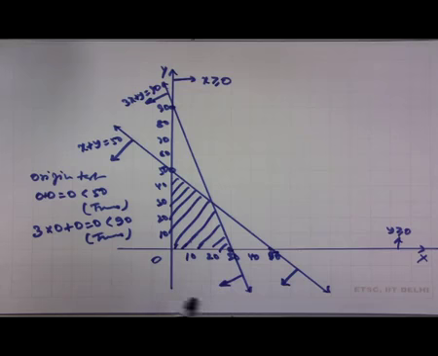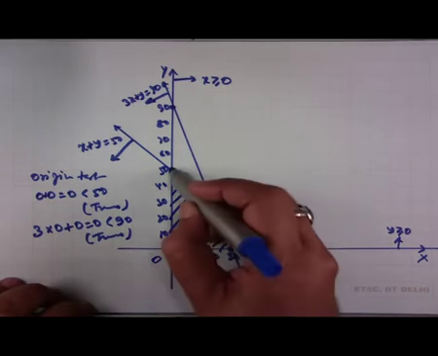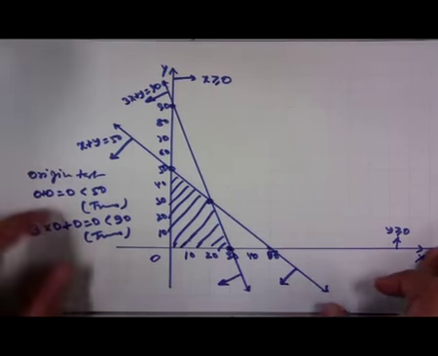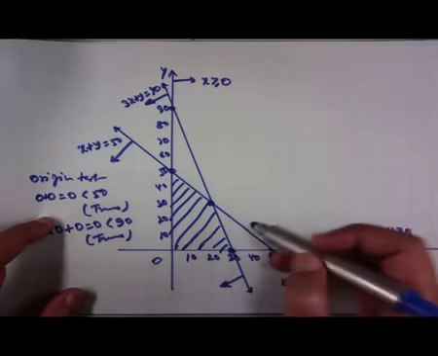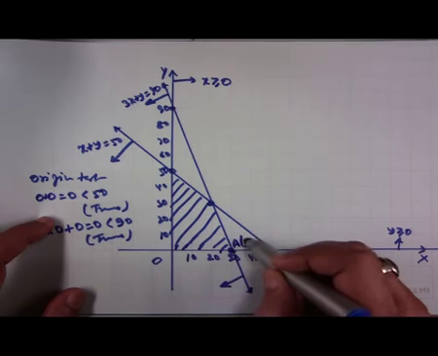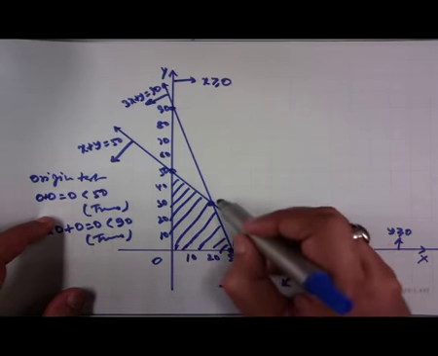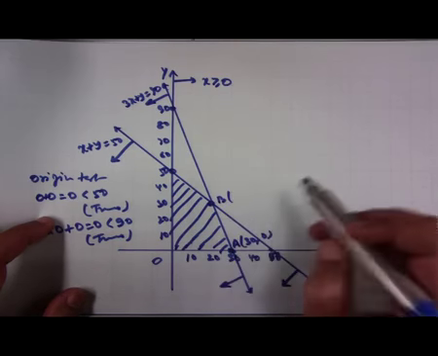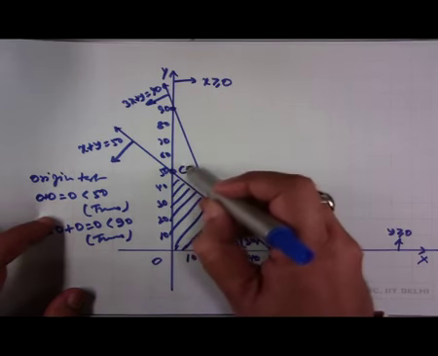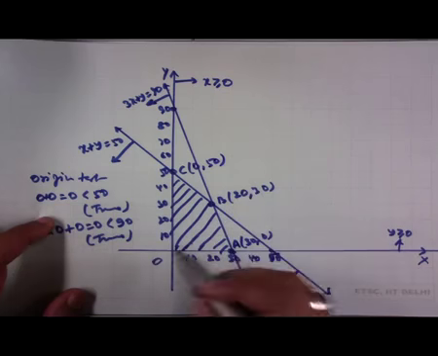Now the question is, we have to maximize z equal to 4x plus y. So these 4 points are corner points. By inspection we see that the corner points are A (30, 0), B (20, 30) and C (0, 50), and one corner point is the origin.